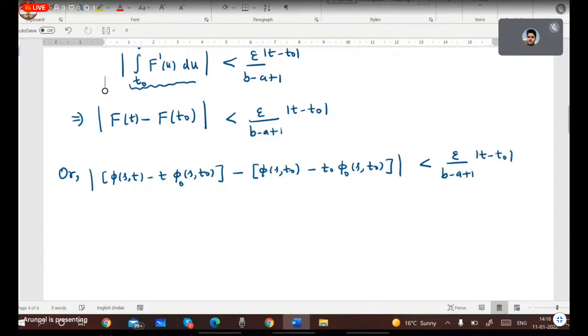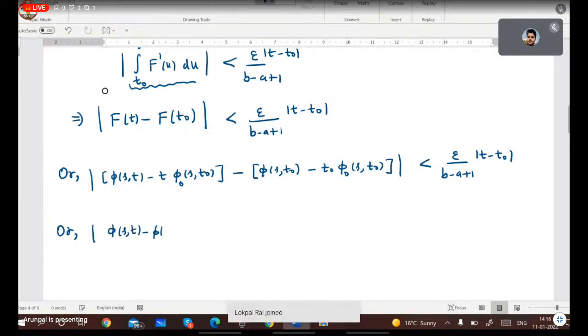so I have simply used the definition of capital F. And class, if you simplify it, you will see that this will come out to be phi of s comma t minus phi of s comma t naught, and minus, you will see that t minus t naught will be common, and you will have phi naught of s comma t.